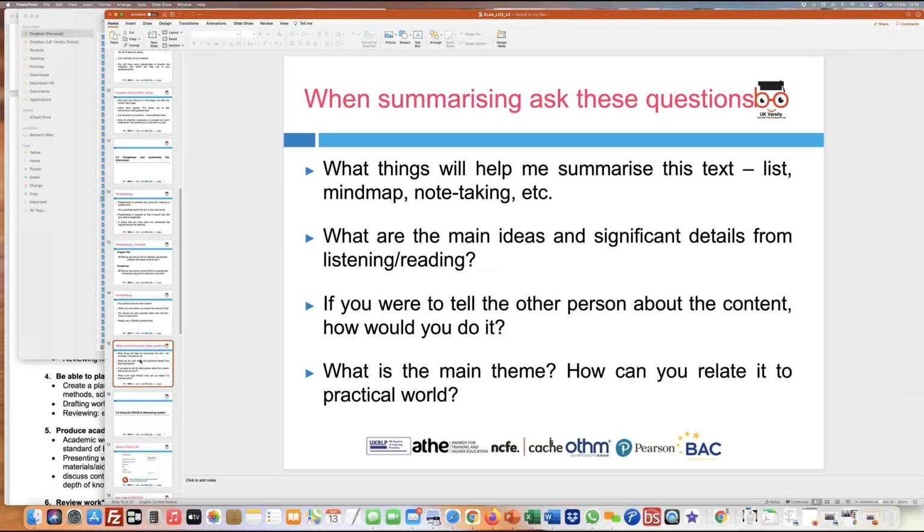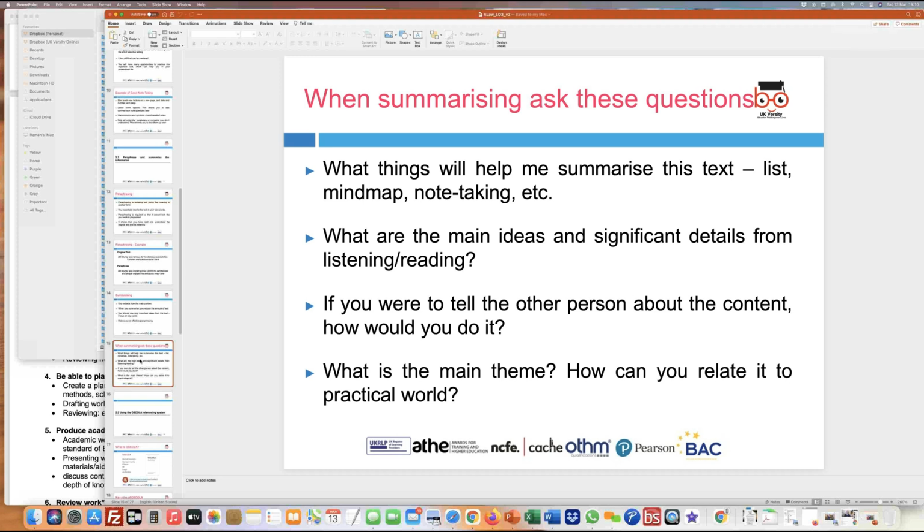Now, when we look at summarizing, we need to ask ourselves a few basic questions. When we look at the process of note taking, whether it's the mind map, the outline method, or the Cornell system, we are essentially using these methods to summarize large pieces of text into something that we can remember, or shorten so that we are able to understand the main ideas, or the main reason behind why we have studied this.